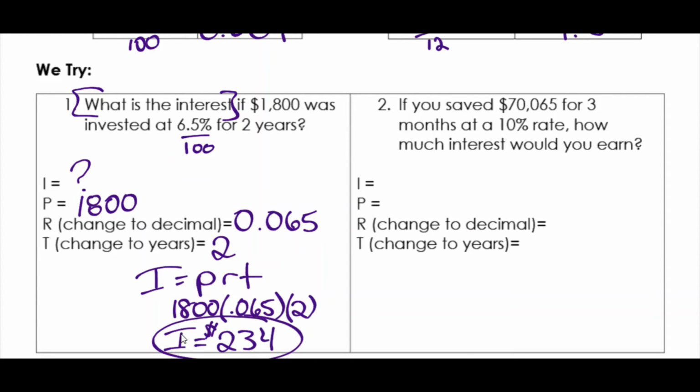Number 2 says you saved $70,065 for 3 months at a 10% interest rate. How much interest would you earn? Again, we don't know the interest. But the original amount is $70,065. That's always going to be a dollar amount. The rate as a decimal here is 0.10.